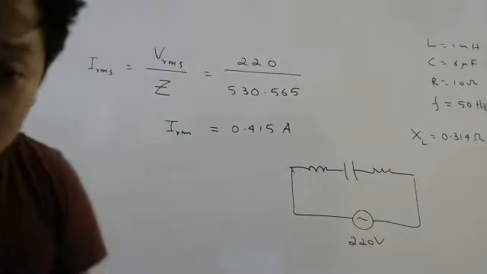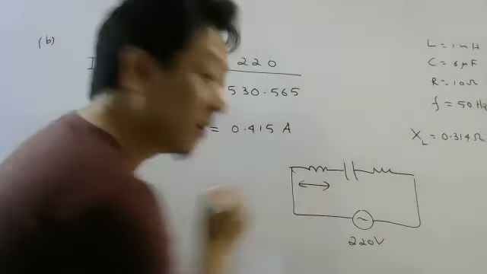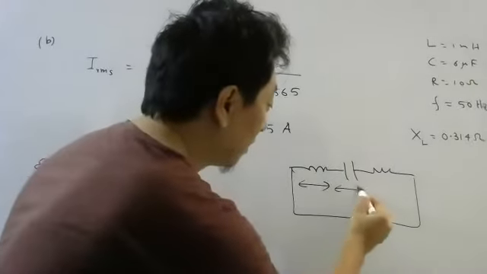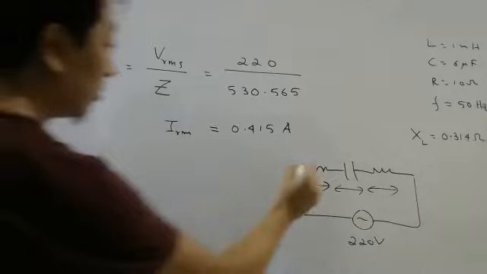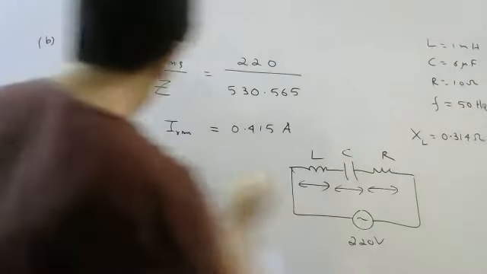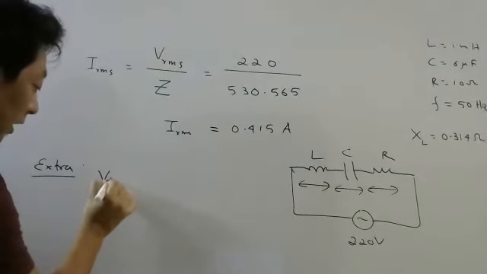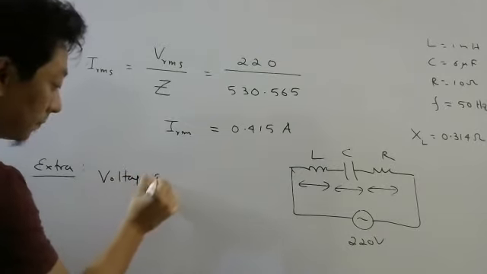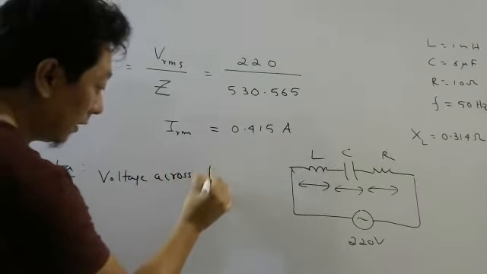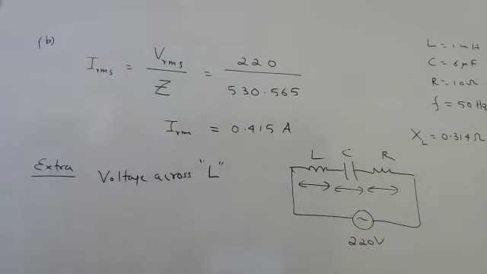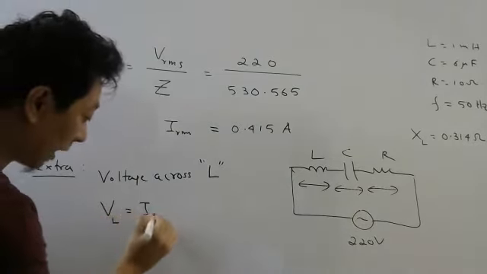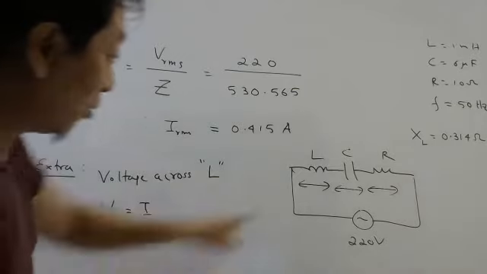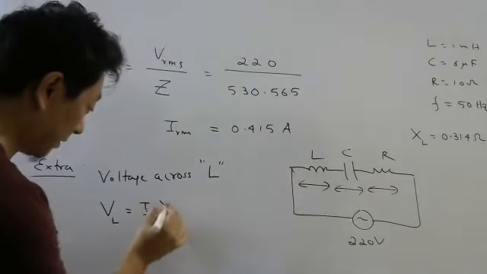But they can also ask you the voltage here, here, and here. So let us try to do it. This is LCR, so they may ask you the voltage across the inductor. For that you use Ohm's law only. VL will be equal to I into R, but who plays the role of R? XL.